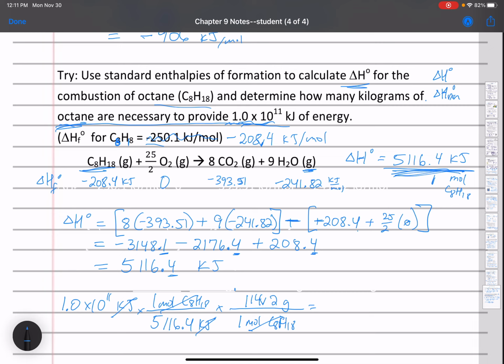And again, I've got to recalculate this. So 1 EE11 divided by 5,116.4 times, and I just saw an error.